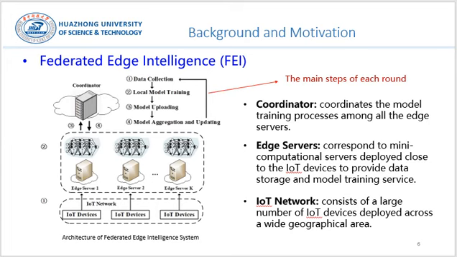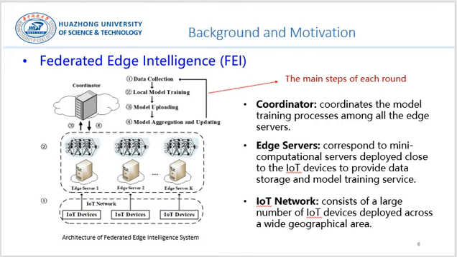Those edge servers correspond to mini computational servers deployed close to the IoT devices to provide data storage and model training service. The IoT network consists of a large number of IoT devices deployed across a wide geographic area. Each IoT device collects local data samples to upload to its designated edge server.